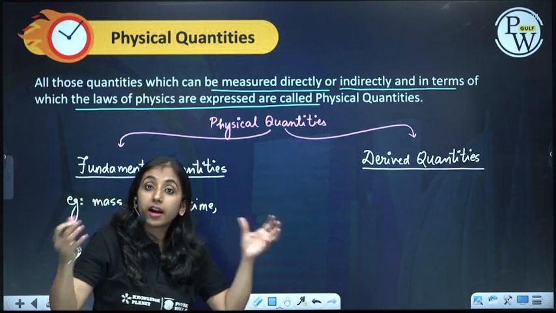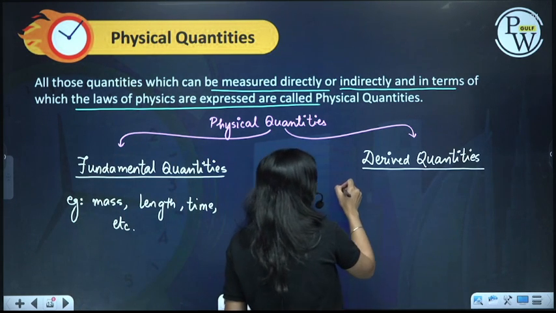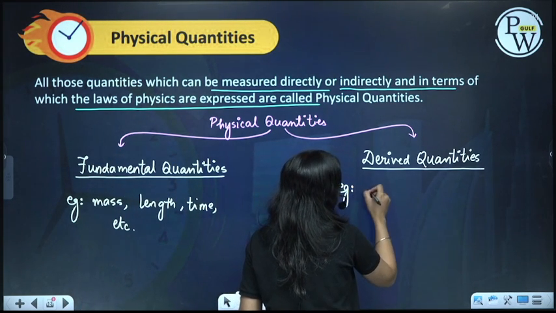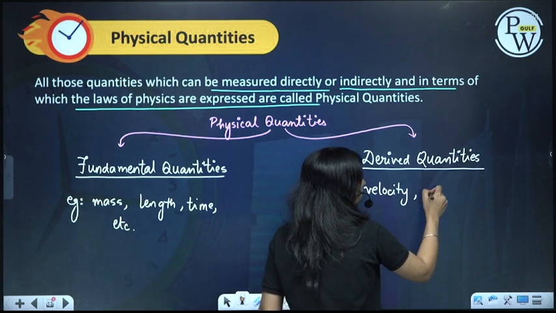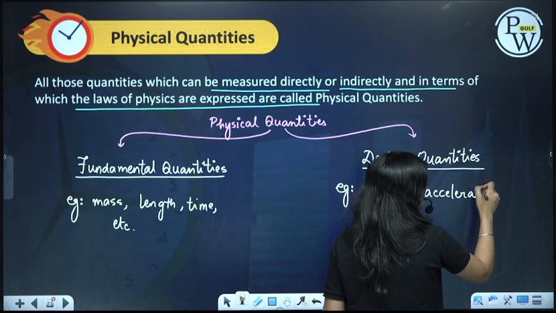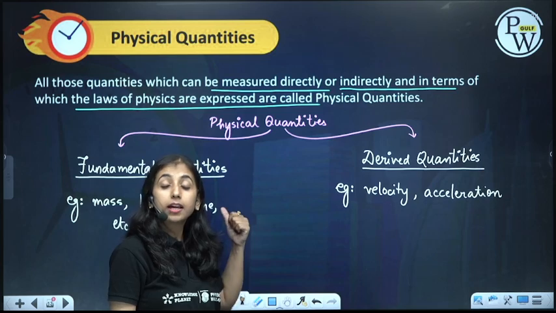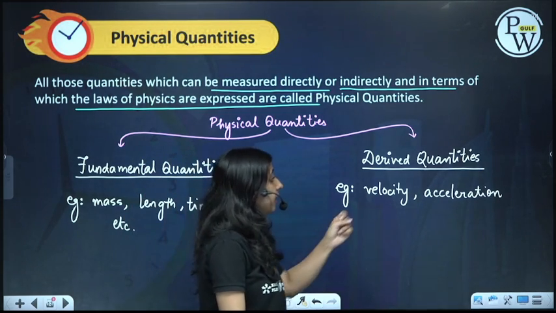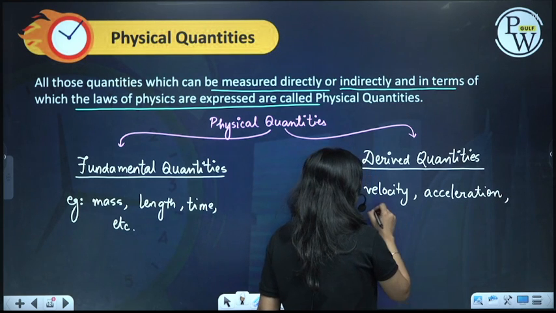We can derive these quantities out of the fundamental quantities. Examples of these will be velocity, acceleration. So velocity is displacement by time, length by time. Length and time both are fundamental quantities. Acceleration is velocity by time. Then we have force.